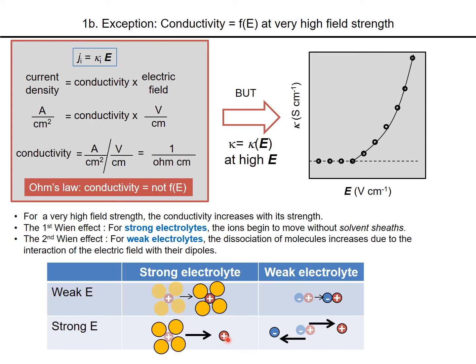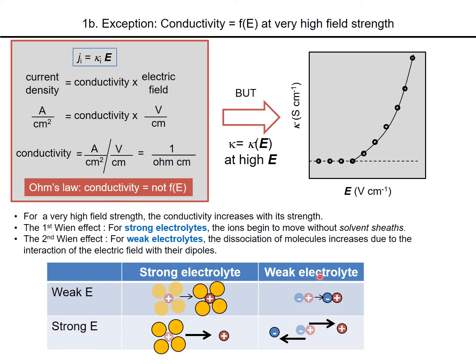So the size of these charge carriers is smaller than before, so conductivity increases with electric field. That is called the first Wien effect. The ions begin to move without solvent sheaths for strong electrolytes when you apply a high electric field.